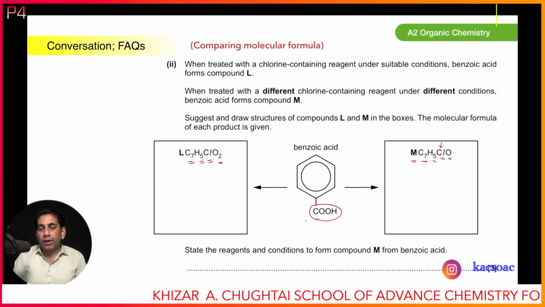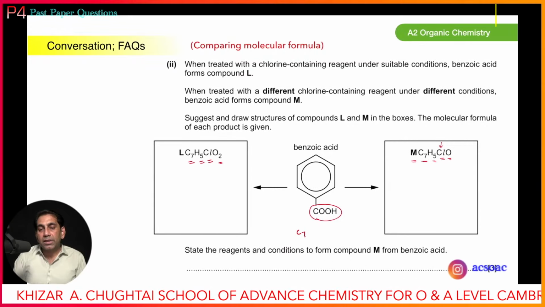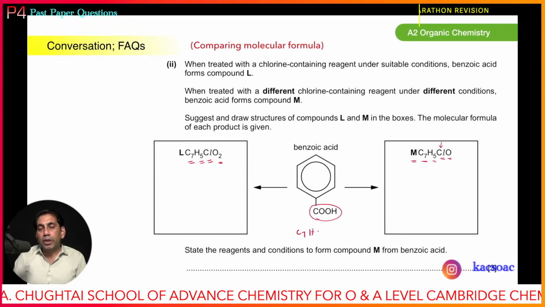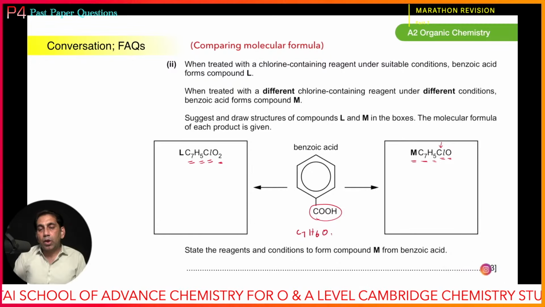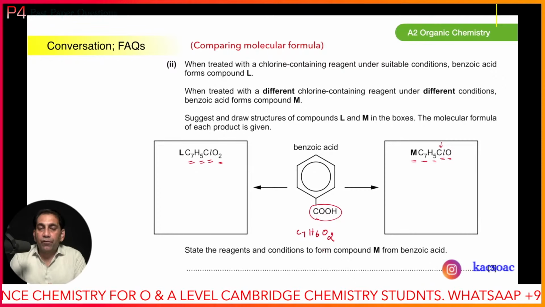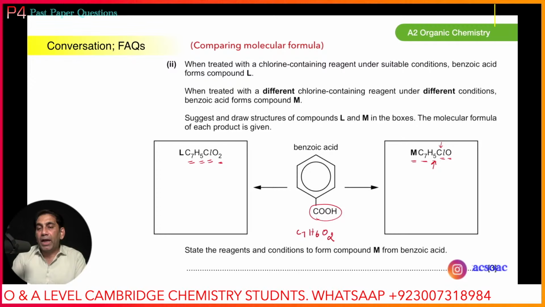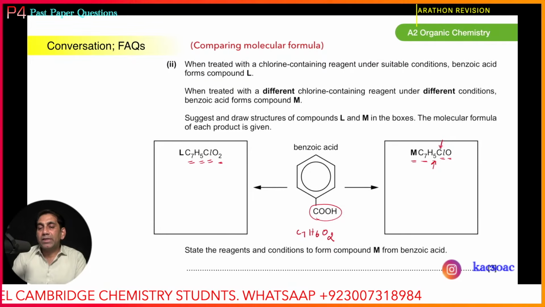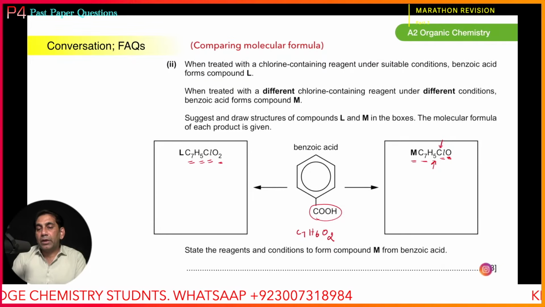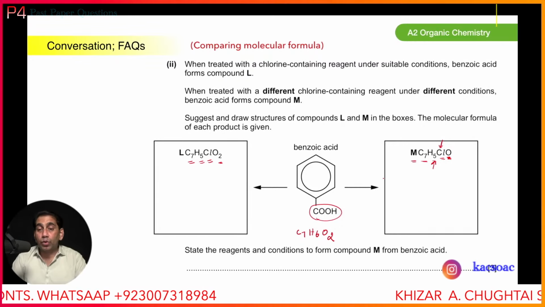If I'm going to write this formula once again, C7H6O2. So this is the original formula of this molecule. Now again, there is a removal of 1 hydrogen, introduction of 1 Cl, and 1 oxygen is also removed.